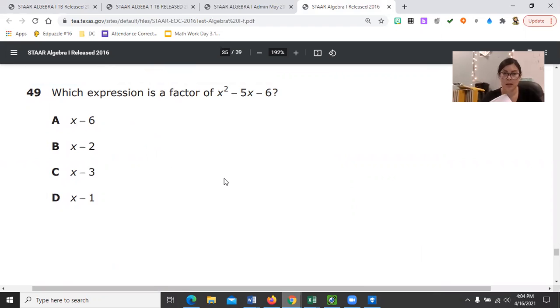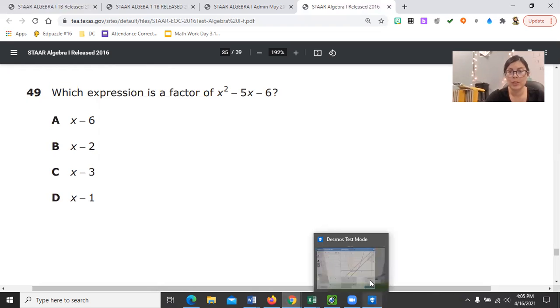What is the B? You're finding two numbers that multiply to give you the C and two numbers that add to give you the B. Then you make a list, add them, and see which one gives you the correct answer. That's one way you could do it. The other way, you could put this in your graphing calculator, put those in there, and see which one is one of the zeros. So I'm going to pause, and I want you to find the factors.